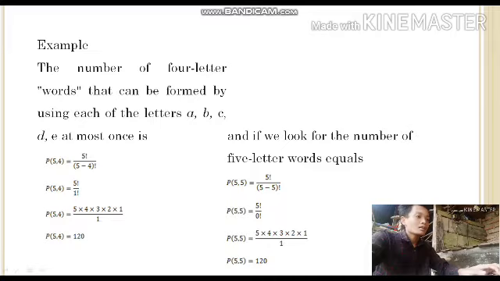Remember here, 0 factorial is equal to 1, and it equals 5 times 4 times 3 times 2 times 1 over 1 equals 120.